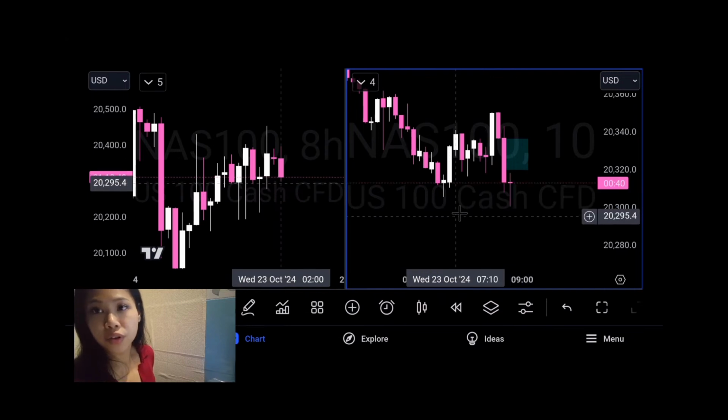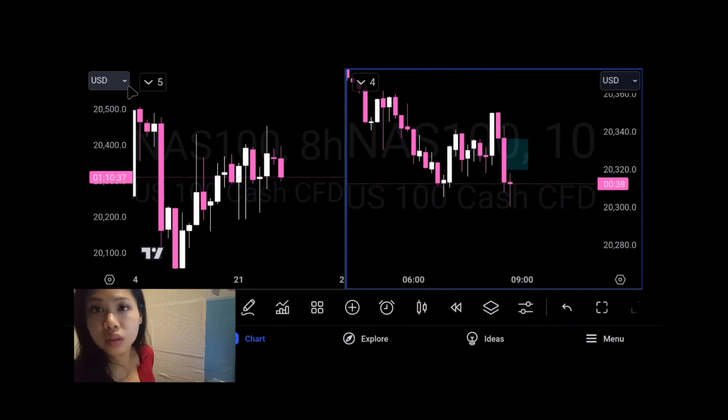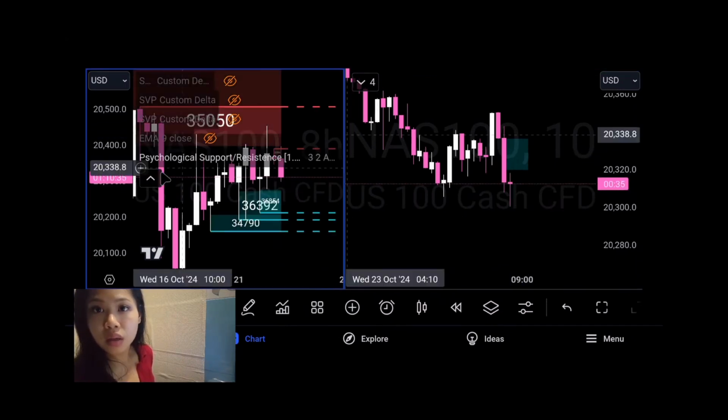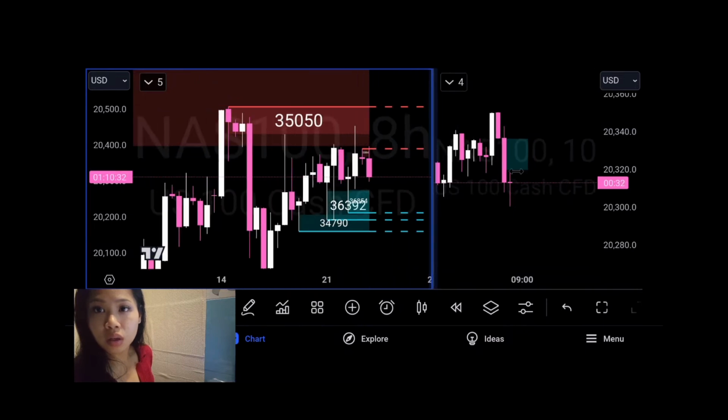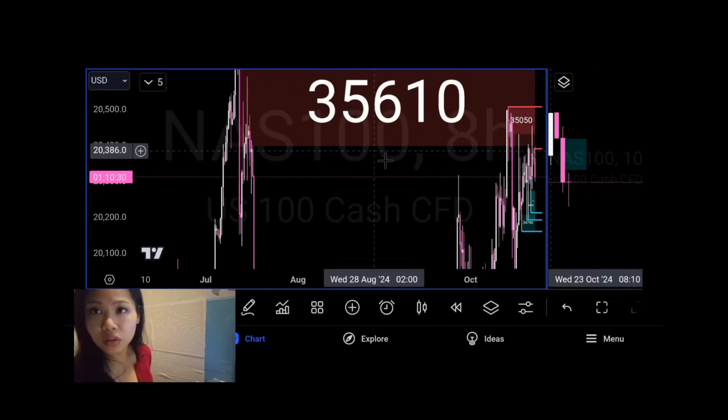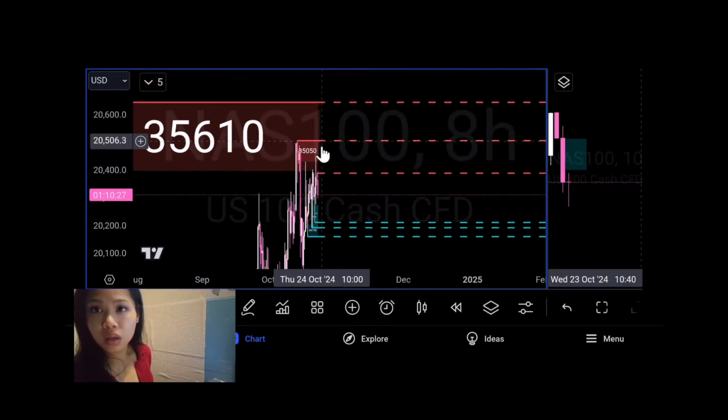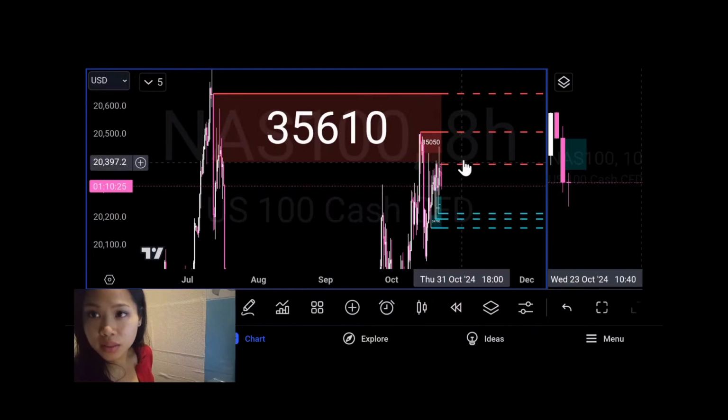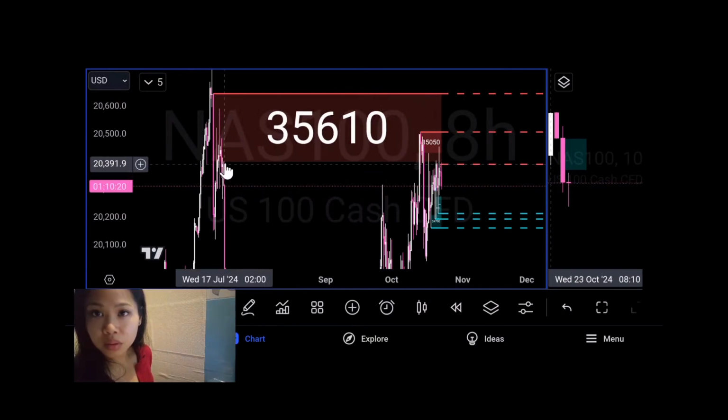At the higher time frame, it's really clear that price is at a huge psychological resistance level, and price has used this area here that we're reacting off of many times in the past.